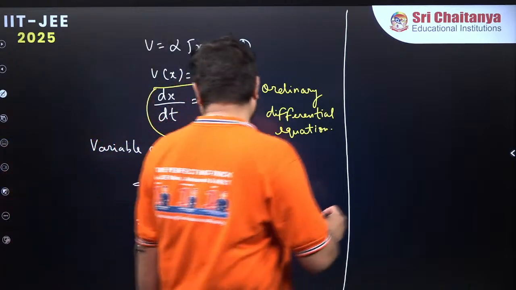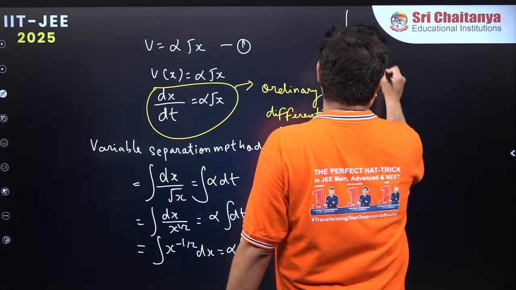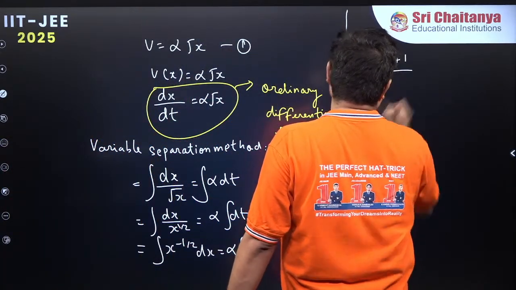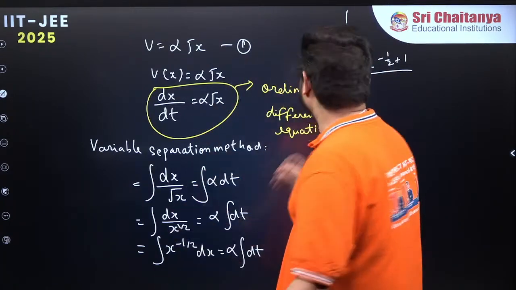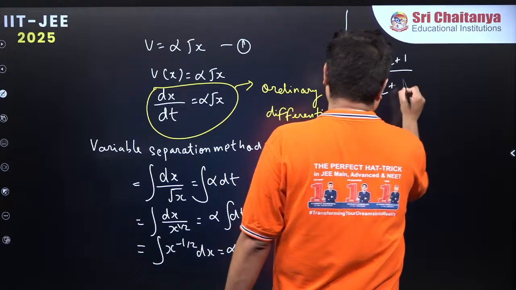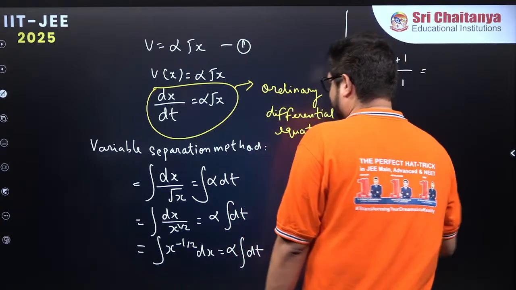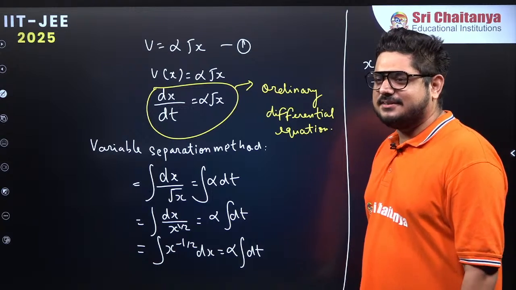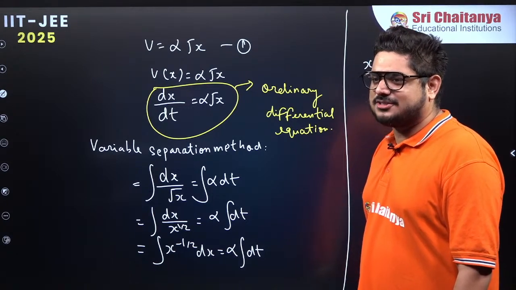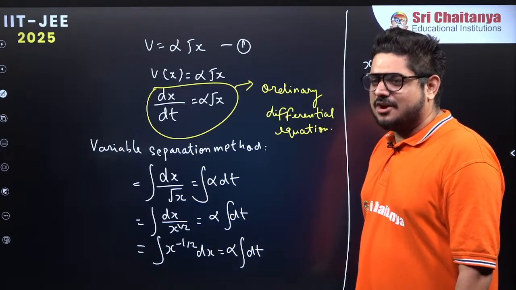So this can be written as x to the power minus half plus 1, as x to the power n plus 1 by n plus 1, isn't it? Is equals to, what is the integral of dt? What is the integral of dt, everyone? Write down over there in the chat box.